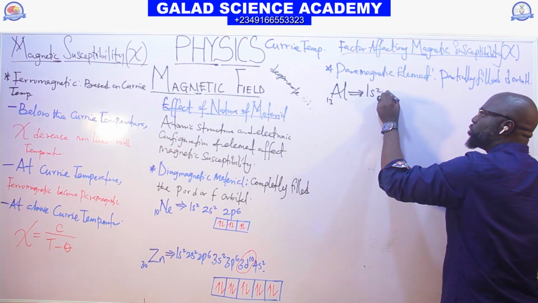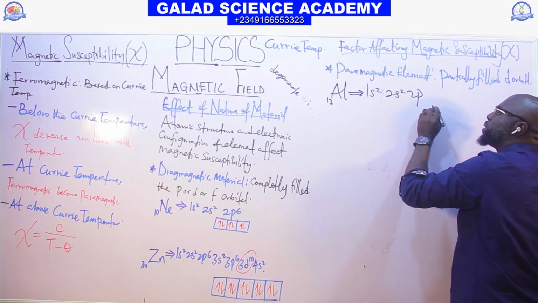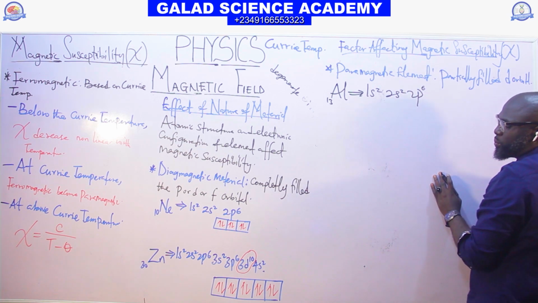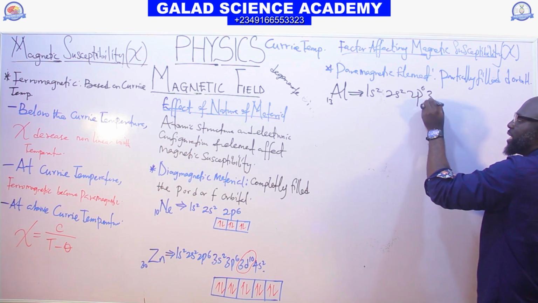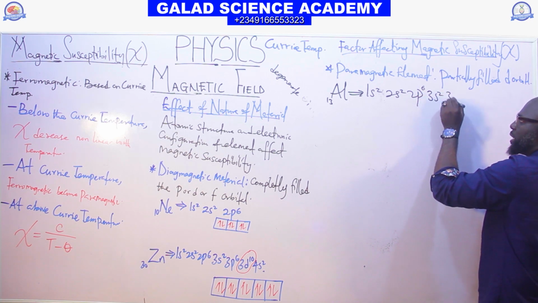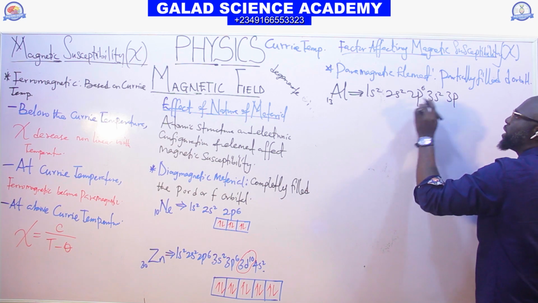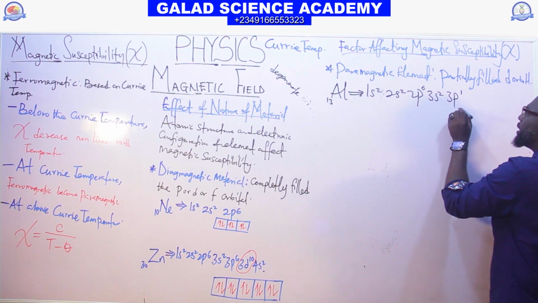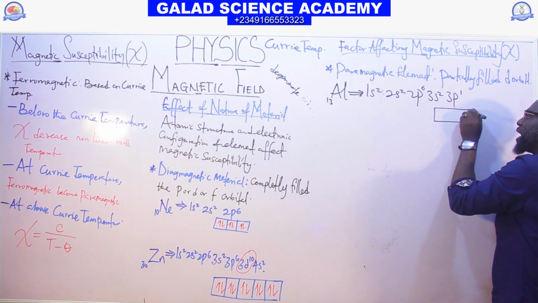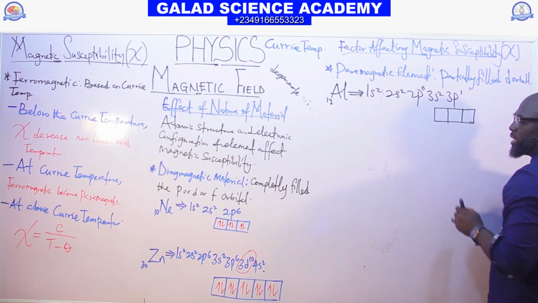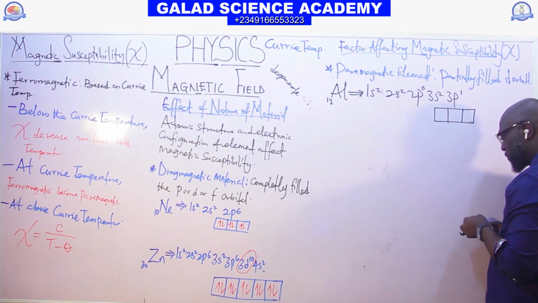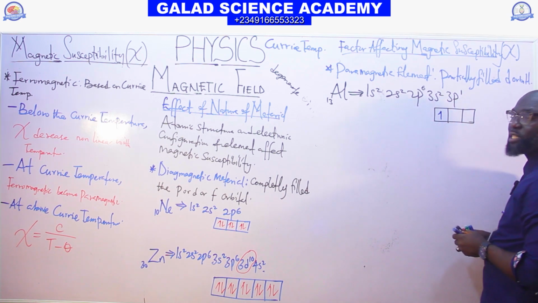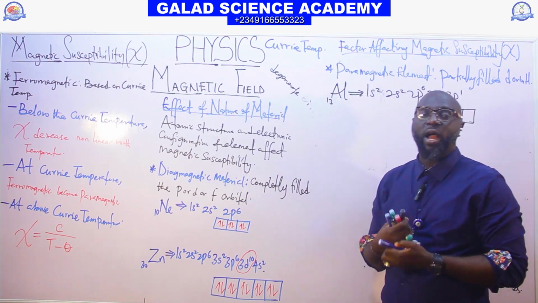It has 1s2, 2s2, 2p6, we have 3s2 and 3p1. If you look at this p we have here, the p here is partially filled. We have how many here? 1. So that is the major reason why aluminium is paramagnetic.